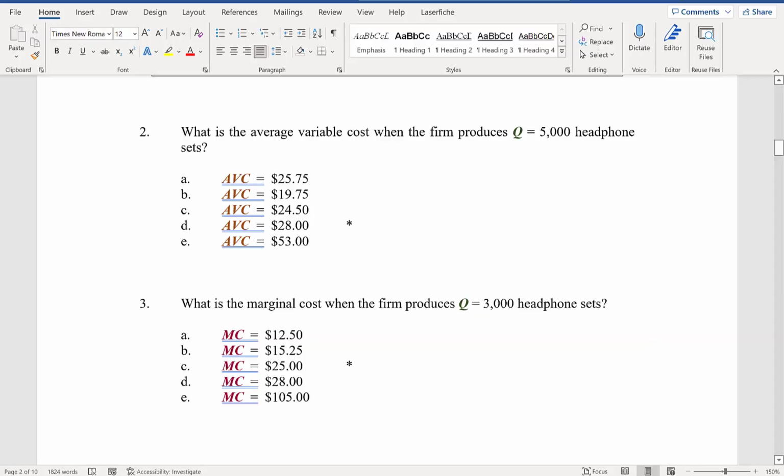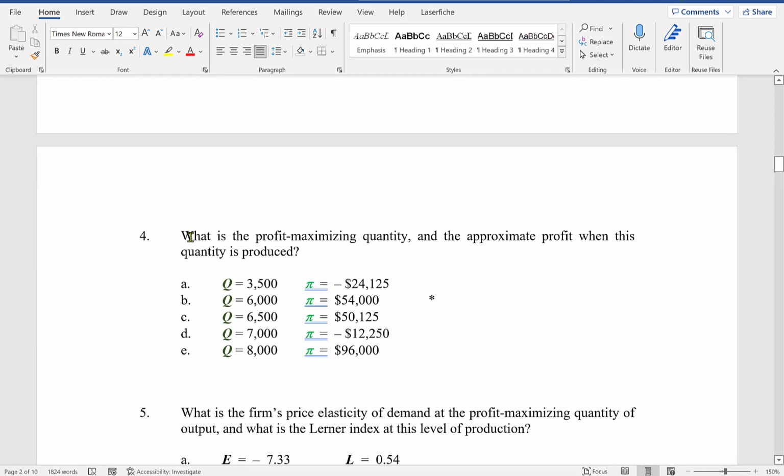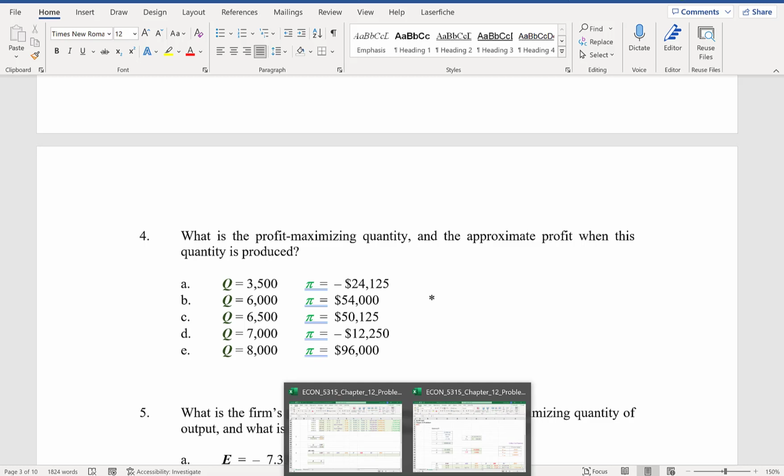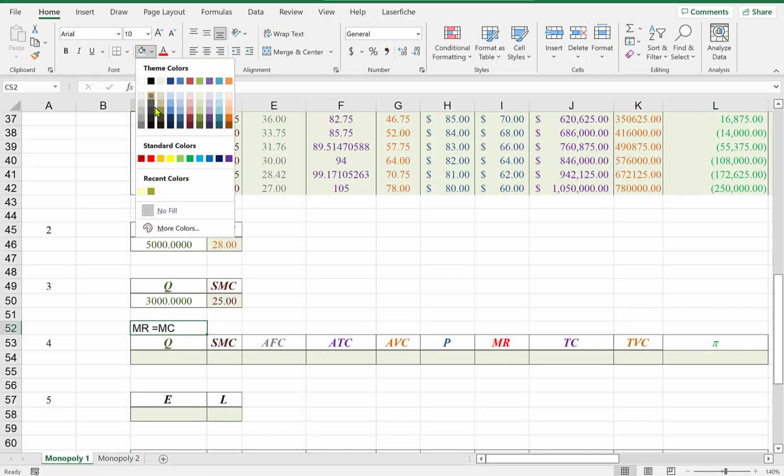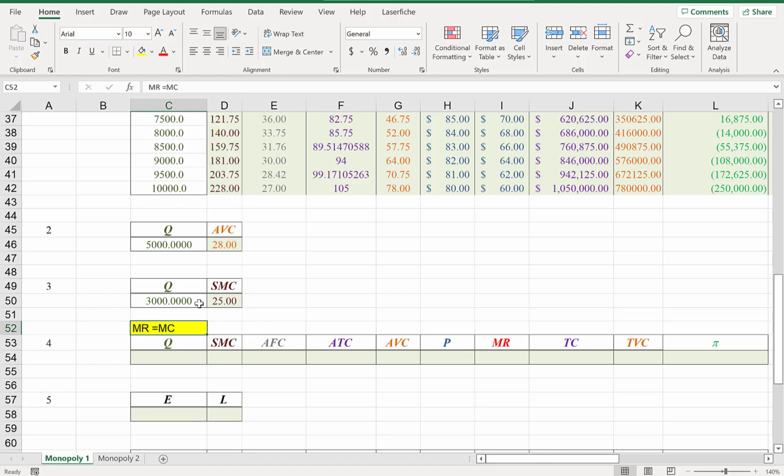Question number 4. What's the profit maximizing quantity and approximate profit when that quantity is produced? The profit maximizing quantity is where marginal revenue is equal to marginal cost. That's all we're looking for.